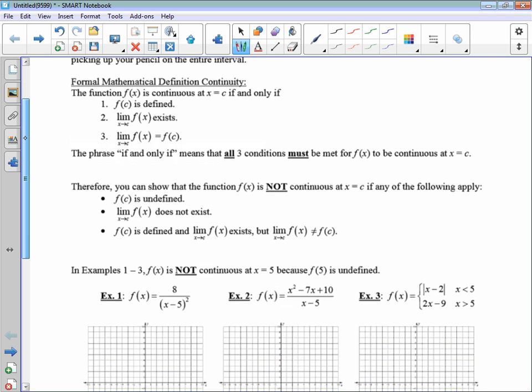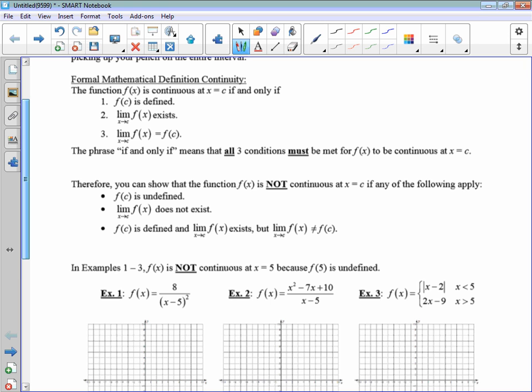If I ask you for the formal definition of continuity, it's a three-part test. First, you have to tell me that the function value is defined, or that it exists; that the limit at that specific x value exists; and then that parts 1 and 2 are actually equal to each other.